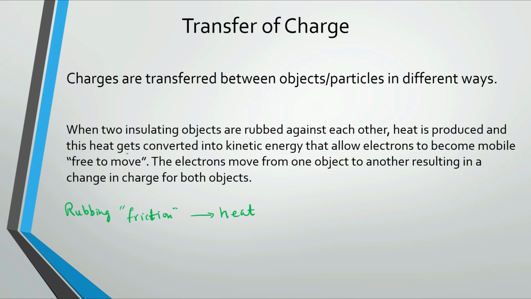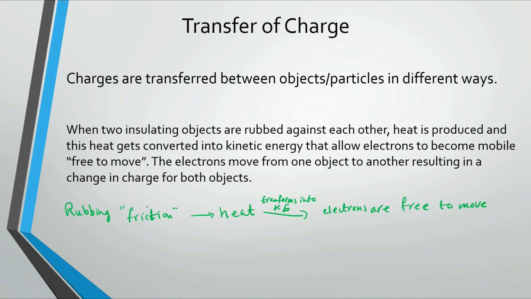So heat is produced, and this heat gets converted into kinetic energy that allows electrons to become mobile or free to move. So this heat transforms into kinetic energy for electrons. Then electrons are free to move from one object to another.